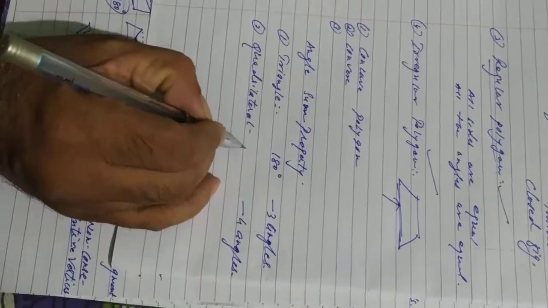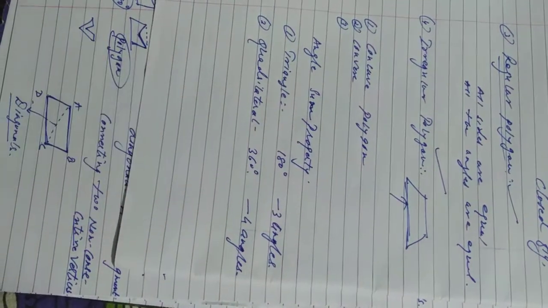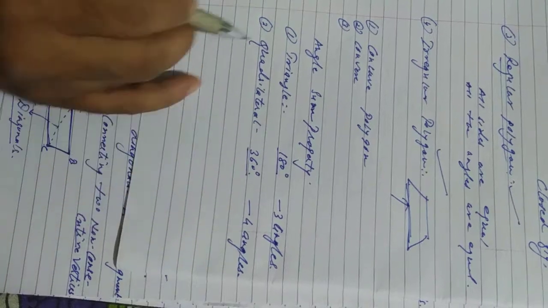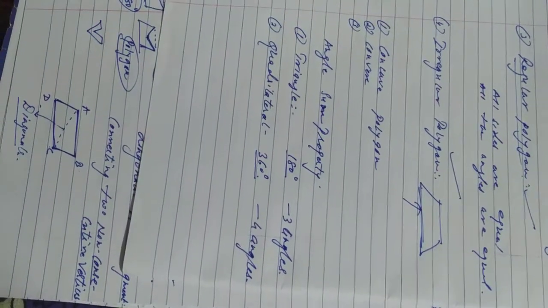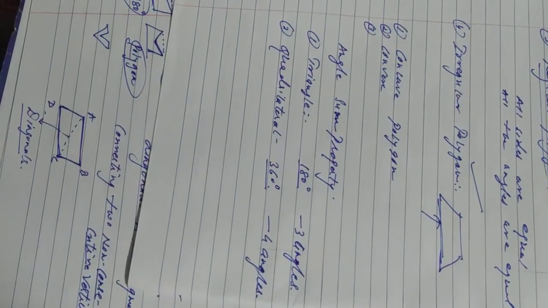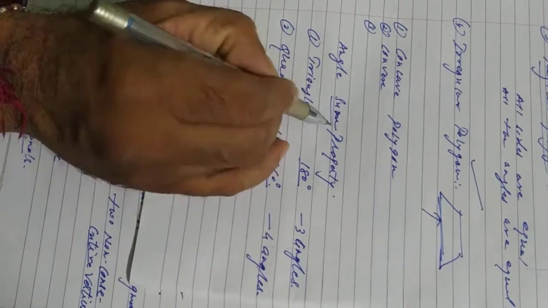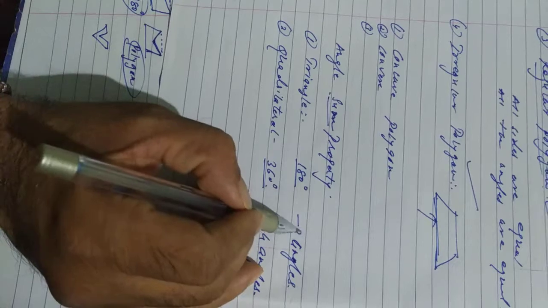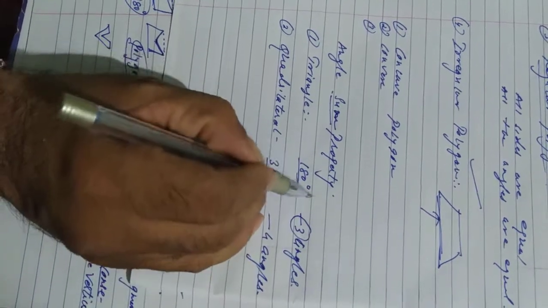And the sum of the measures of all angles of a quadrilateral is how many degrees? 360 degrees. Got it? So it is known as the angle sum property. The sum of the 3 angles is 180 degrees.